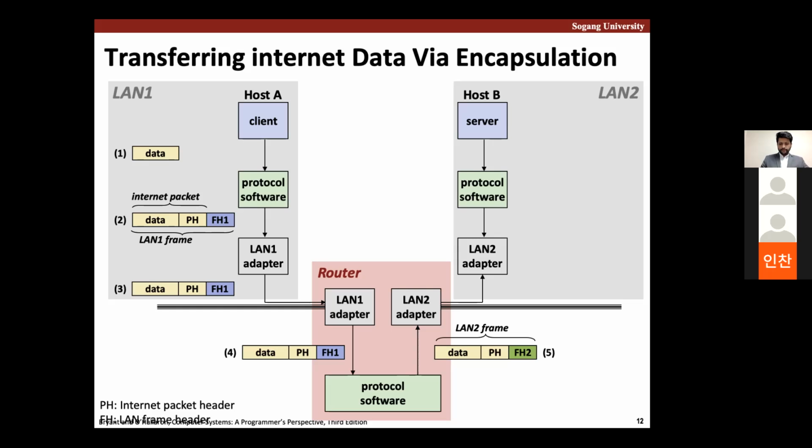The router then strips off the old LAN 1 frame header, prepends a new LAN 2 frame header addressed to host B, and passes the resulting frame to the adapter. Similarly, in step 6, the router's LAN 2 adapter copies the frame to the network.